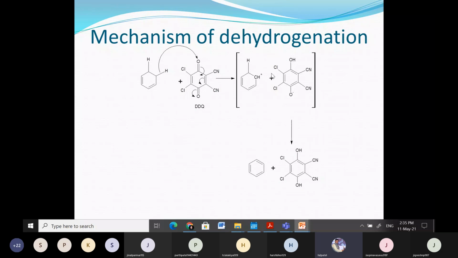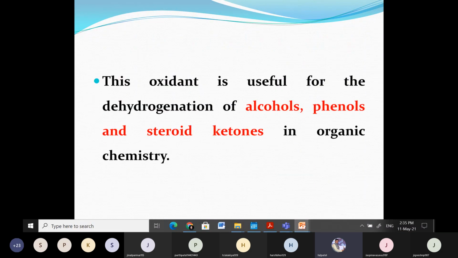Now the carbon having positive charge will pull electrons from its neighboring carbon, and the neighboring carbon will pull electrons from the hydrogen. As a result, this electron will migrate over here, and we will get an aromatic compound. So if you have a non-aromatic compound, we can convert it into an aromatic compound with the support of DDQ. So it is known as a dehydrogenation reaction.